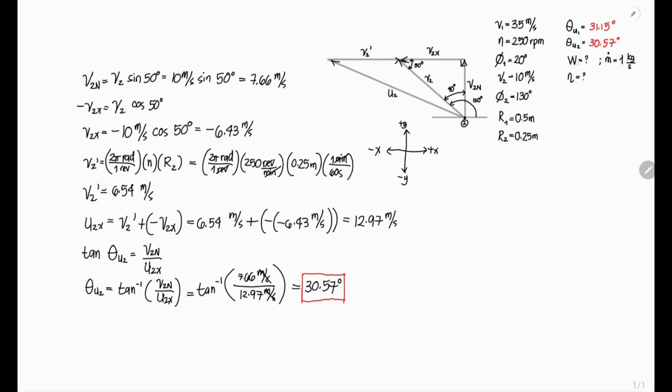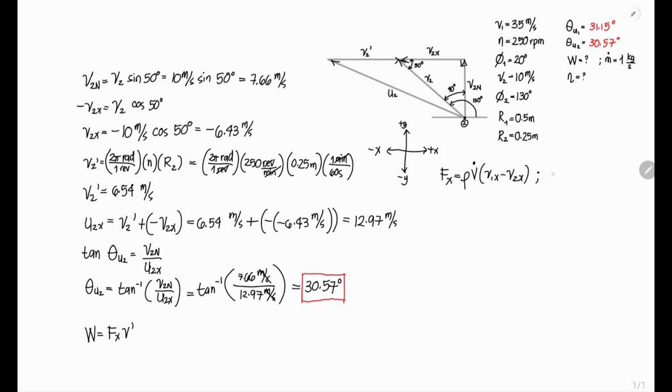degrees. Now, in order to solve for work, our formula is F of x times v prime. But since wala pa tayong F of x, we need to solve for this first. The solution for finding F of x is equal to rho, volume flow rate, density, volume flow rate, V1x minus V2x.